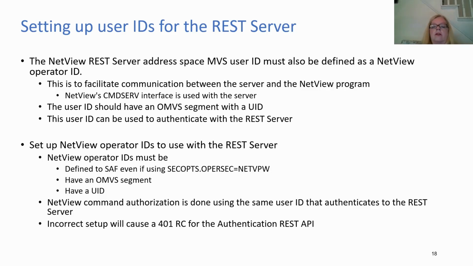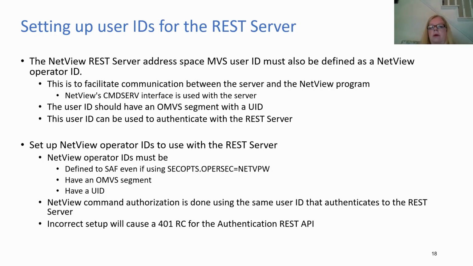So this user ID should have an OMVS segment with a UID, and you can actually use this particular user ID to authenticate with the REST server. It probably would not be typical in your environment, but you could do that if you're just trying to see if you can get logged on to the REST server and all your other config is good before you start adding NetView operator IDs to use with the REST server. So that's your second step.